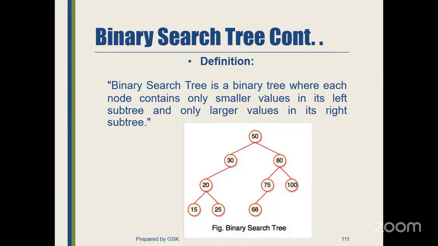After that, it is a binary tree where each node contains only smaller values in its left subtree. The values smaller than the root node must exist on the left side only, in the left subtree only, and only larger values in its right subtree. That is called a binary search tree.